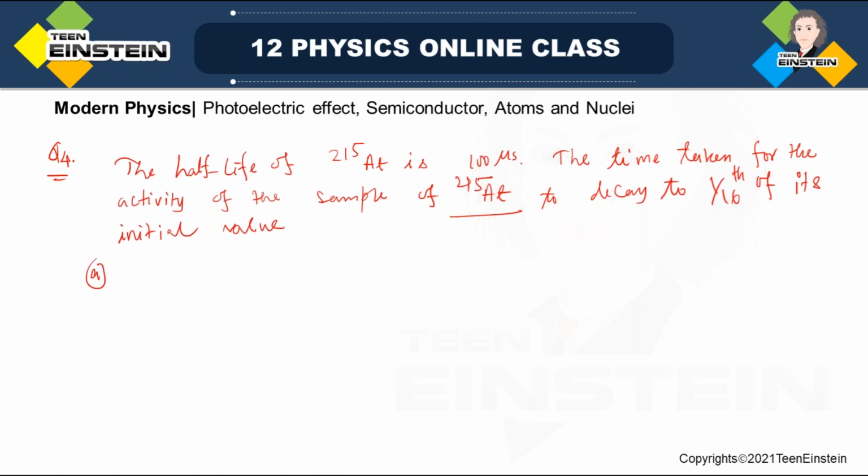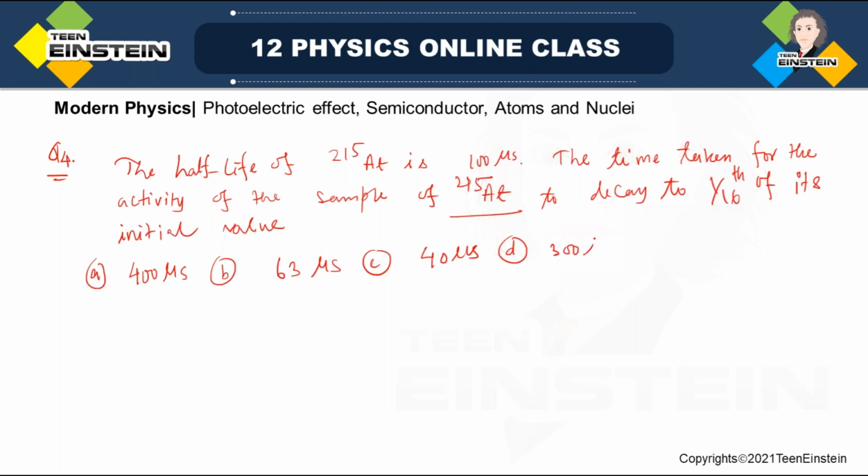The times are given as option A 400 microsecond, option B is 63 microsecond, and D is 300 microsecond. So you have to find out the right answer for this.